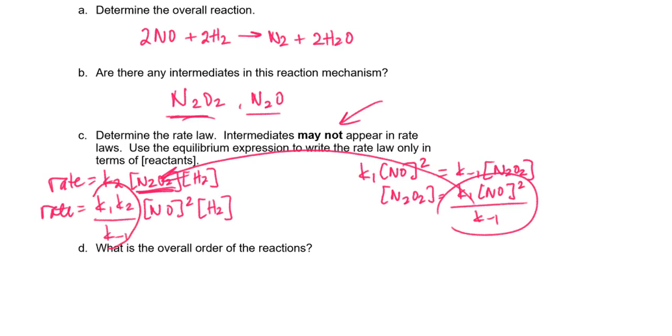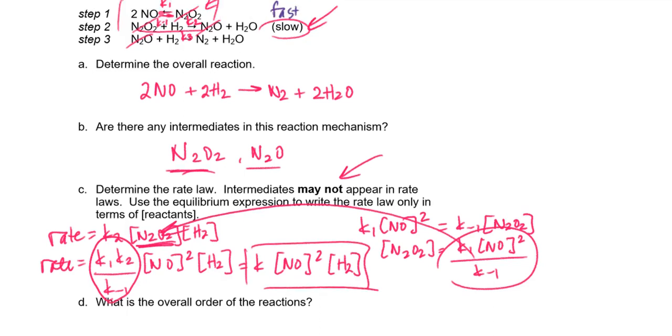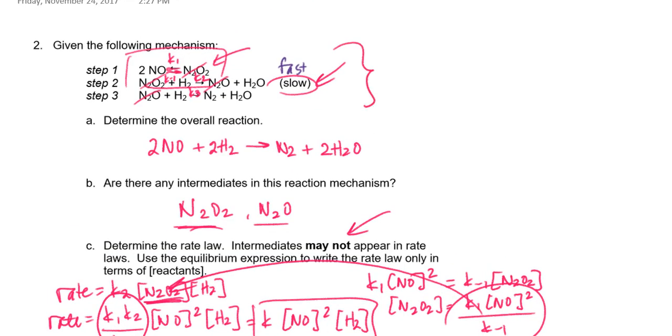This collection of rate constants, I'm just going to roll into one big overall rate constant and call this k, NO squared, H2. And so that would be my rate law that's consistent with this mechanism.